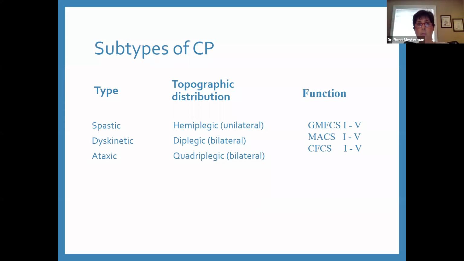In developmental pediatrics, for most conditions we now have the definition of a spectrum disorder. We don't use this term in CP, but truly it is a spectrum disorder in the sense that we have many different types. We subcategorize by type: spastic, dyskinetic, and ataxic, with the spastic subtype being the predominant one.